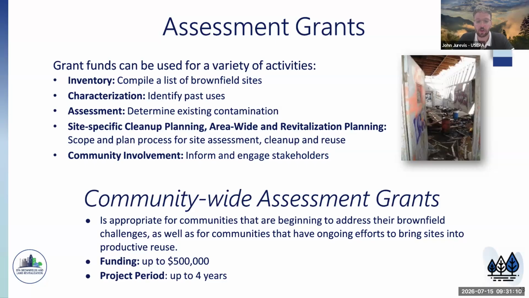Everybody knows they can be used for normal environmental site assessments, so phase 1, phase 2, asbestos and lead surveys, supplemental assessments, but they can also be used for things like inventorying, so getting a better handle on your entire universe of brownfields, and site-specific cleanup planning.